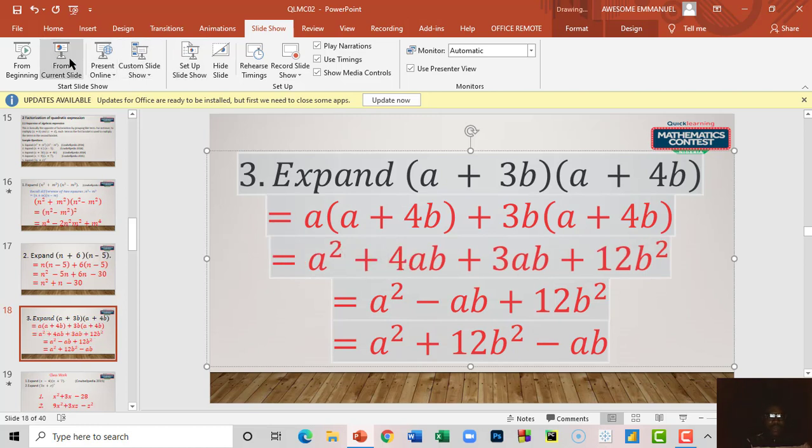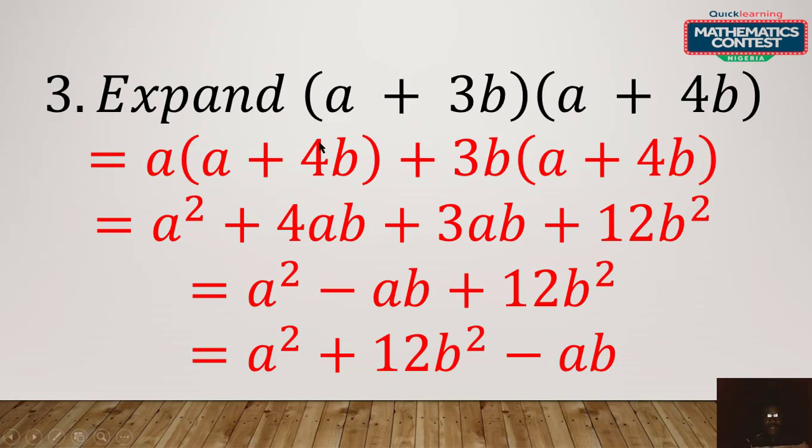Then 3b times this is plus 3ab, then 3b times this is plus 12b square.